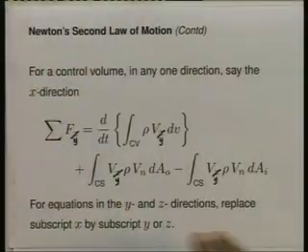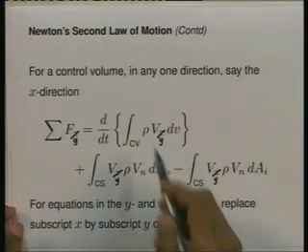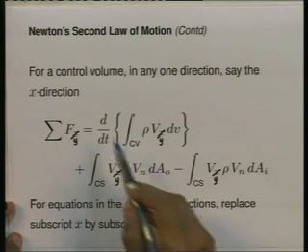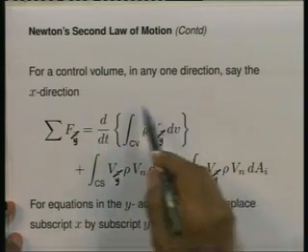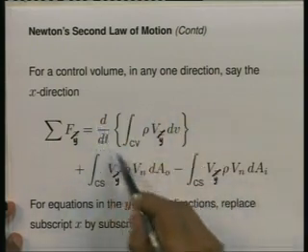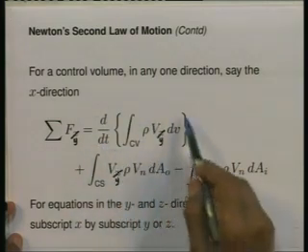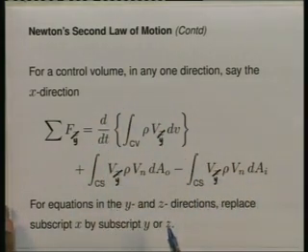In that case, if you go back to that equation, the first term on the right hand side, which stands for the rate of change of x direction momentum inside the control volume, is going to be identically 0 if the flow is steady.